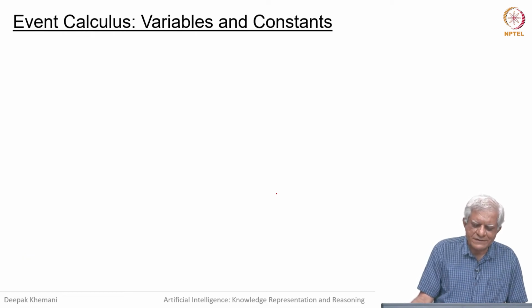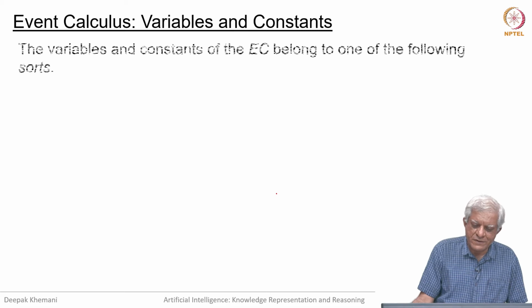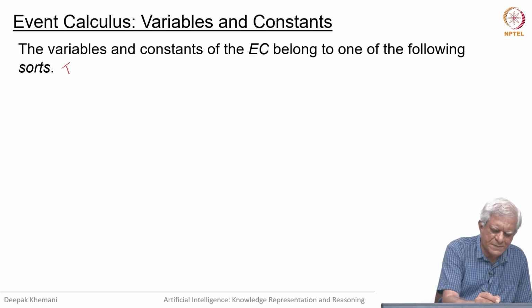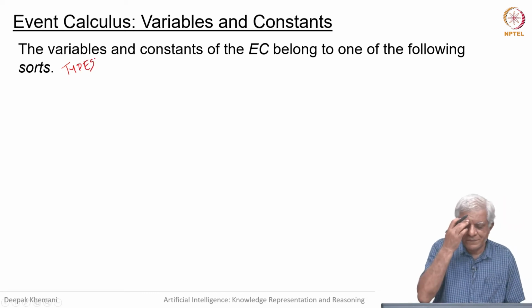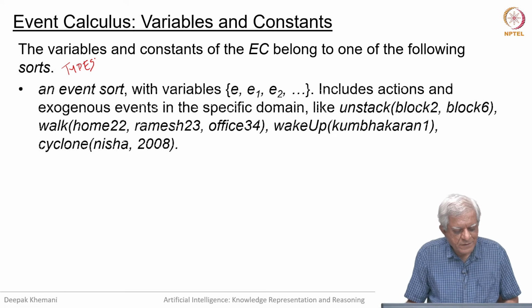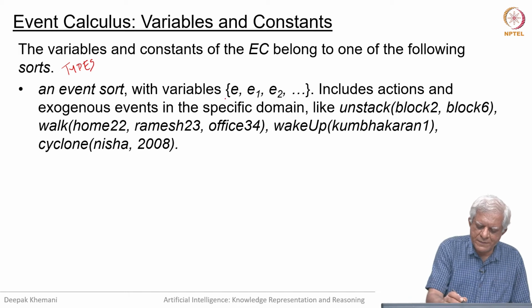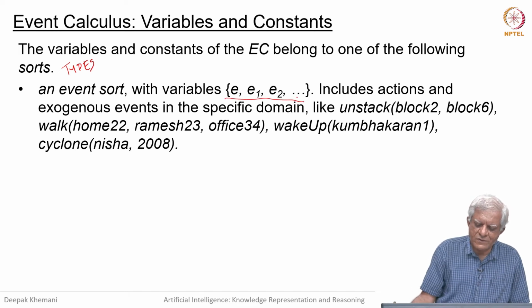So, what are the arguments to event calculus? The variables and constants of event calculus belong to one of the following sorts. When we say sorts, we also mean types. The event sort, with variables we will typically use E1, E2, E3 and so on.